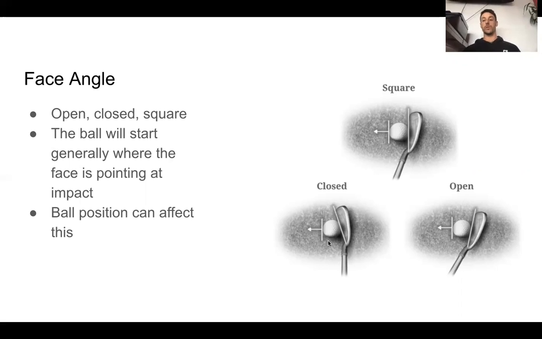So just keep that in mind, because when we think about a swing path to the right, that's going to show as a positive number, and a positive face angle number is going to show open face, whereas a swing path to the left is going to show a negative number. A club face pointing to the left is also going to show a negative number. Ball position once again affects face angle similarly to the way that it affects swing path relative to impact.